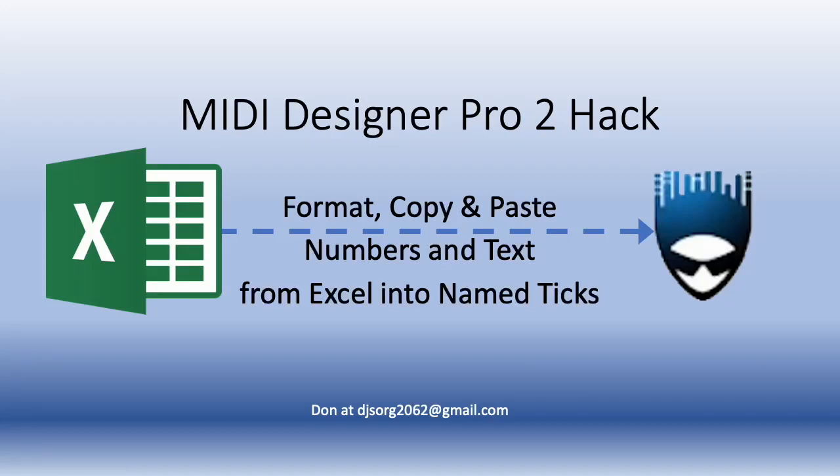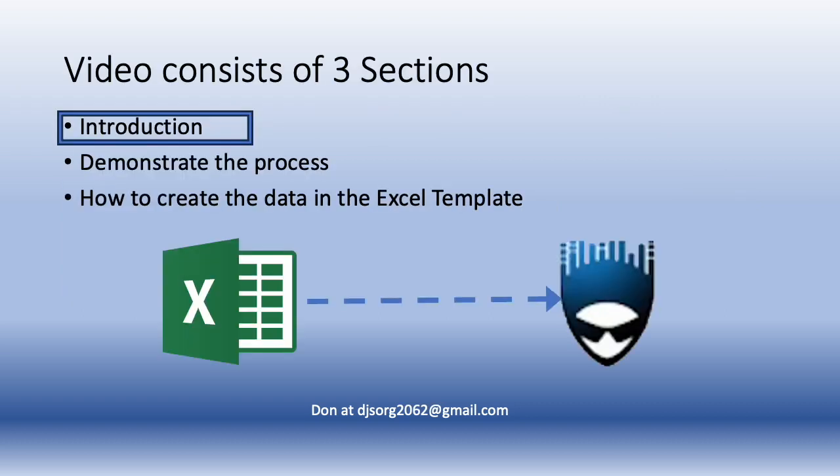This video describes a hack to format, copy, and paste data from Excel to name ticks in Midi Designer Pro 2. I have created an Excel template that can be used to parse and format the name ticks data.